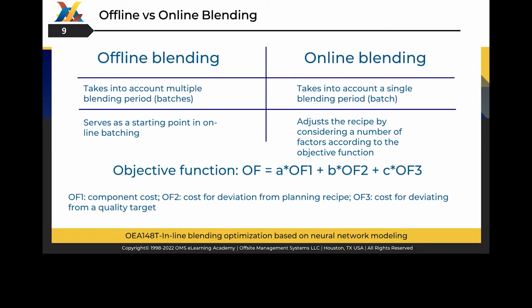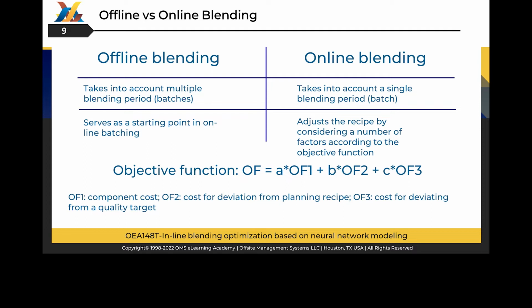The offline optimization spans a few blending periods and optimizes the recipes, considering more than one blending period. At the same time, the offline recipe does not consider the actual properties of the streams from the tanks with intermediate refinery products, while online blending works based on the stream properties measured in real time based on online analyzers' readings.